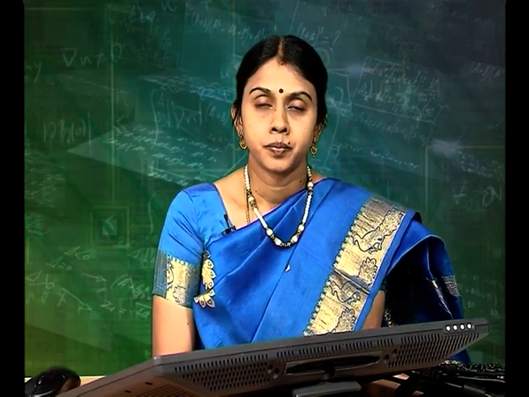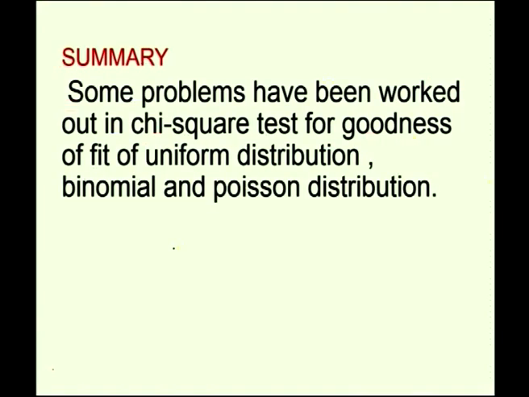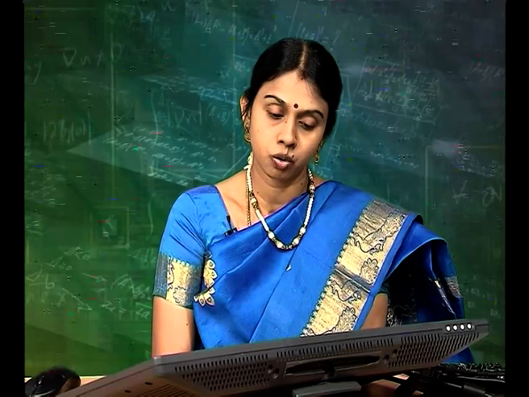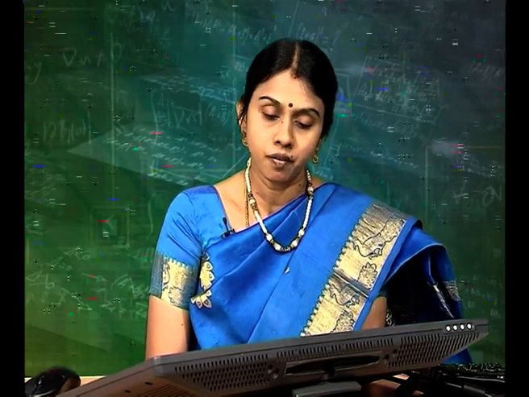In this session, we were talking about a chi-square test for goodness of fit. We have done some problems in a chi-square test for goodness of fit for the equal distribution, and the ratio distribution, which comes under the category of equal distribution itself, but only in the form of a ratio.